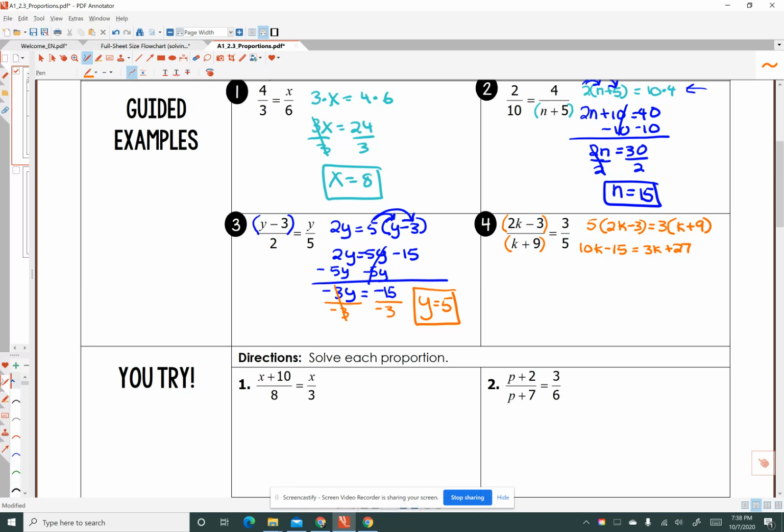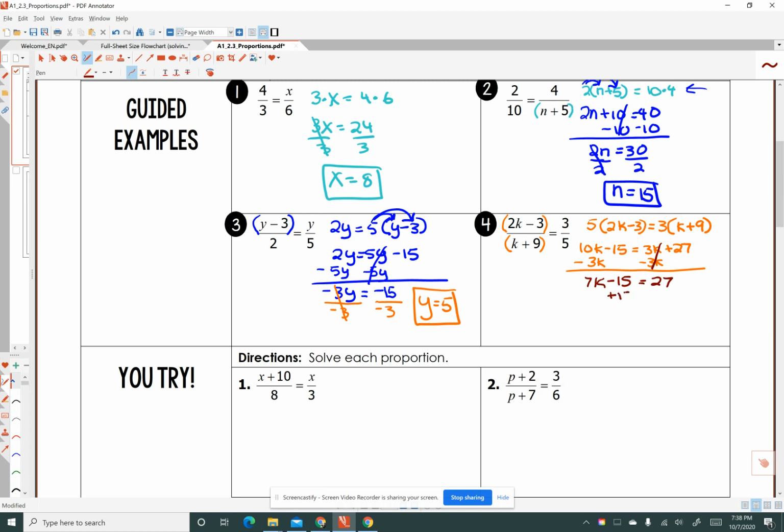And I think what I'll do is subtract 3k from each side to move the k's over to the left side of the equation. I'll change my color so I can show our steps. So now we have 7k minus 15 equals 27.